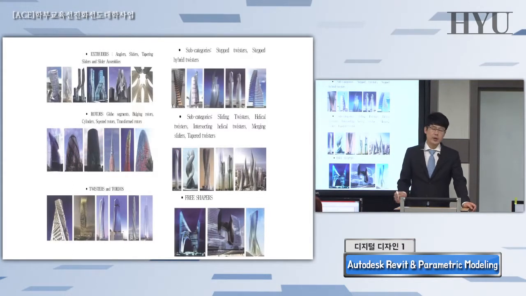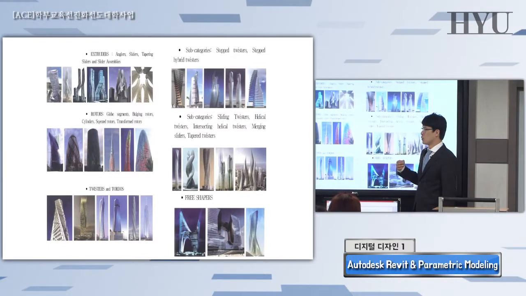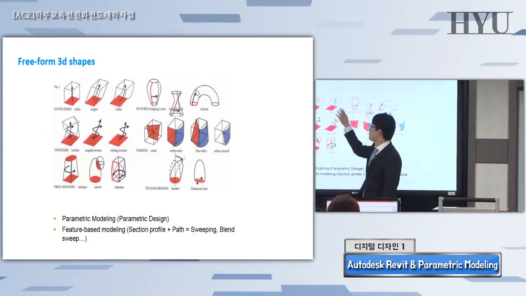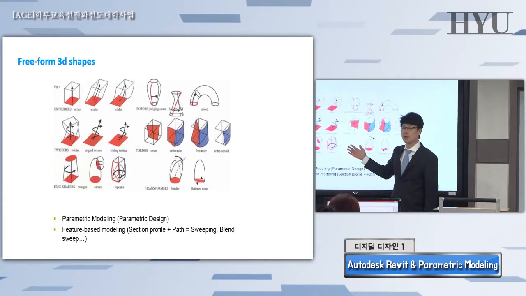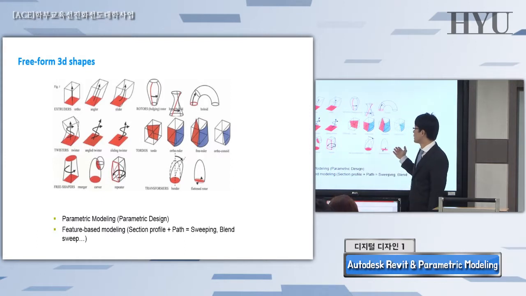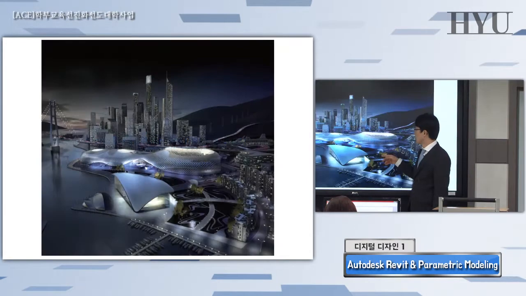Nowadays, we encounter in our daily life very non-uniform, very well-shaped designs in our built environment, something like this. We can make this kind of form and shapes easily, even by SketchUp or 3D Max. But the problem is they are just geometric shapes, just for visualization. Without parametric design and BIM, how to make this building on an actual site?